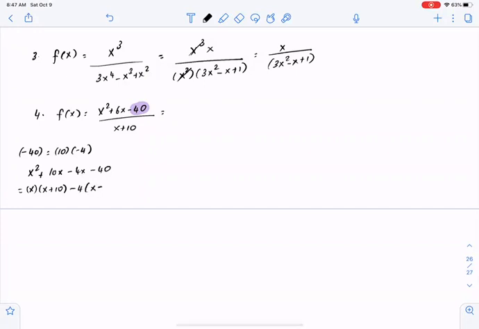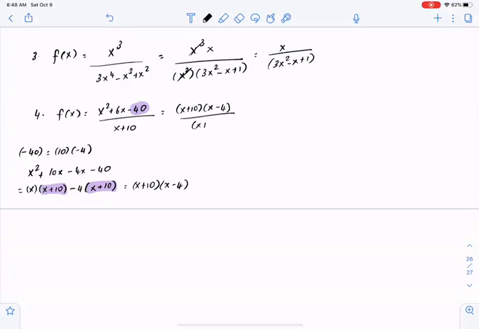If I pull that out, I would have x plus 10. I have an x plus 10 in common. If I pull that out, I will have x plus 10 times x minus 4. So the numerator will be x plus 10 times x minus 4. That is the factored form.